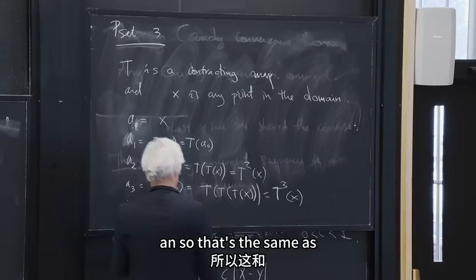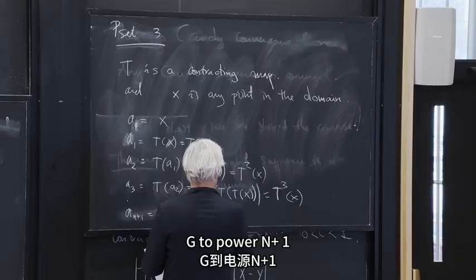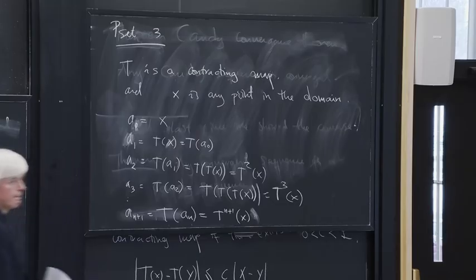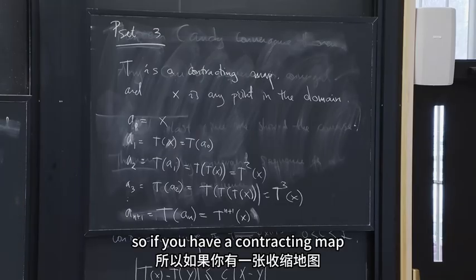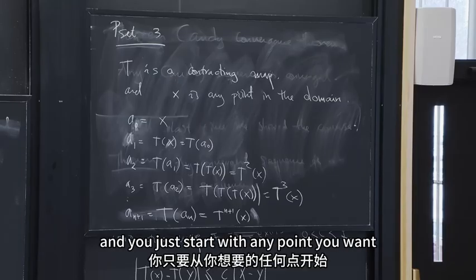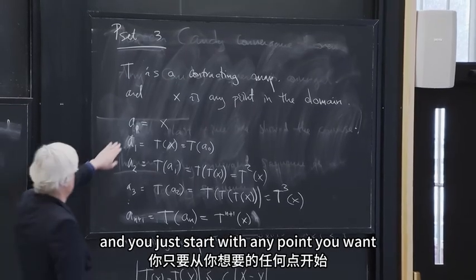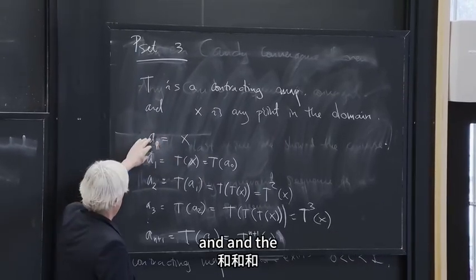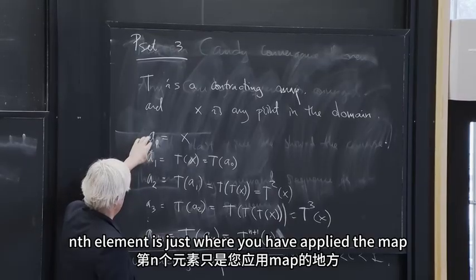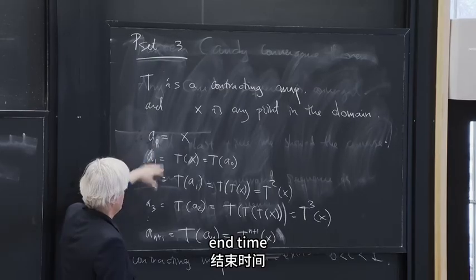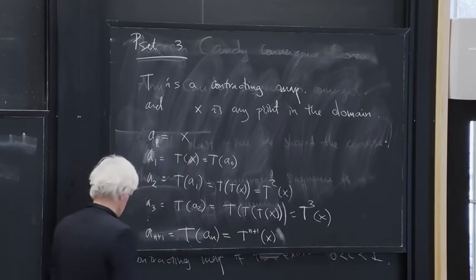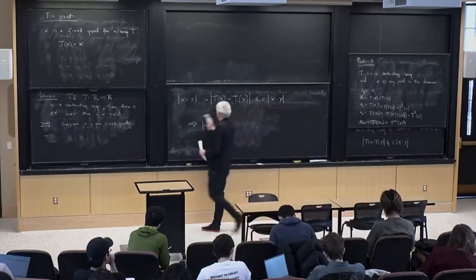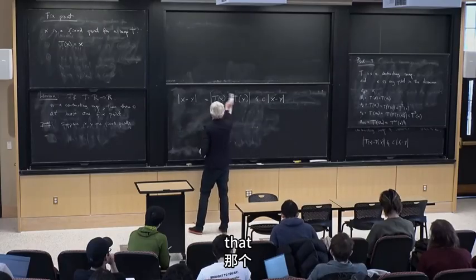So that's the same as T to the power n plus 1 of x. Okay. So if you have a contracting map and you start with any point you want, you form a sequence based on that point, and the nth element is just where you have applied the map n times to the original point.